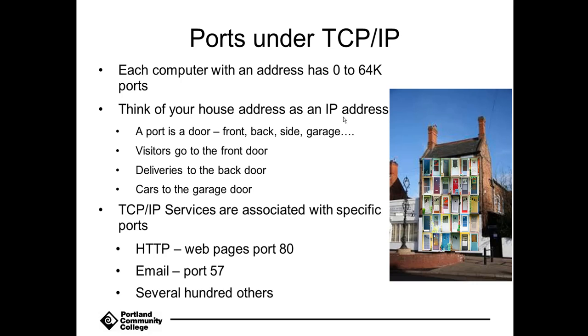My house, which doesn't have apartments, has a front door and street address; that's my IP address. My ports are different ways to get into my house. Visitors go to the front door, package deliveries to the back door, cars to the garage door, mail to the mail slot. This helps computers deliver the right packets to the right place.